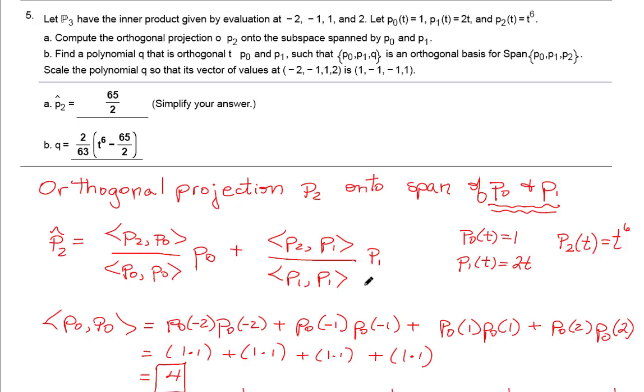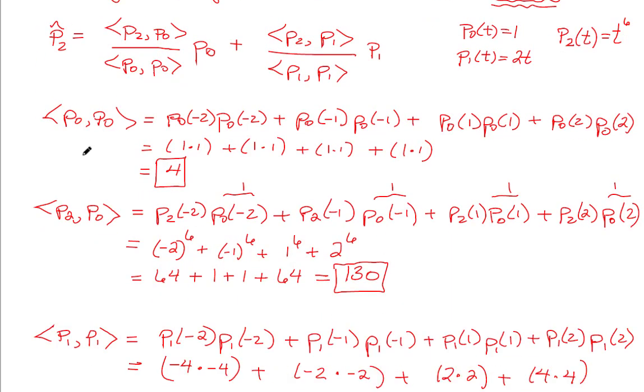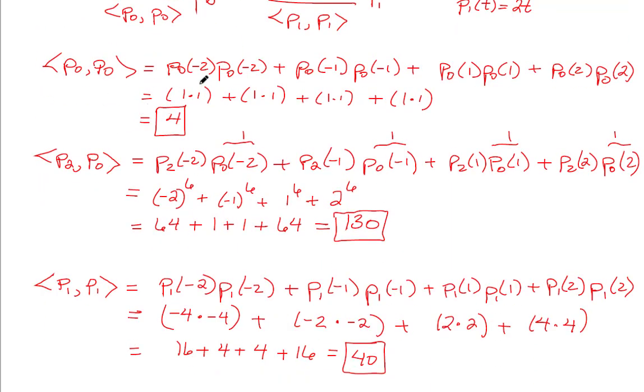Okay, so as I'm looking at this problem and we're working it, I'm wondering why they picked P2 of t is t to the 6th power, since we should only have up to the 3rd power. So I think it's their mistake, but it will still work with the calculations here. All right, so let's see. So I'm going to have to plug these values in.